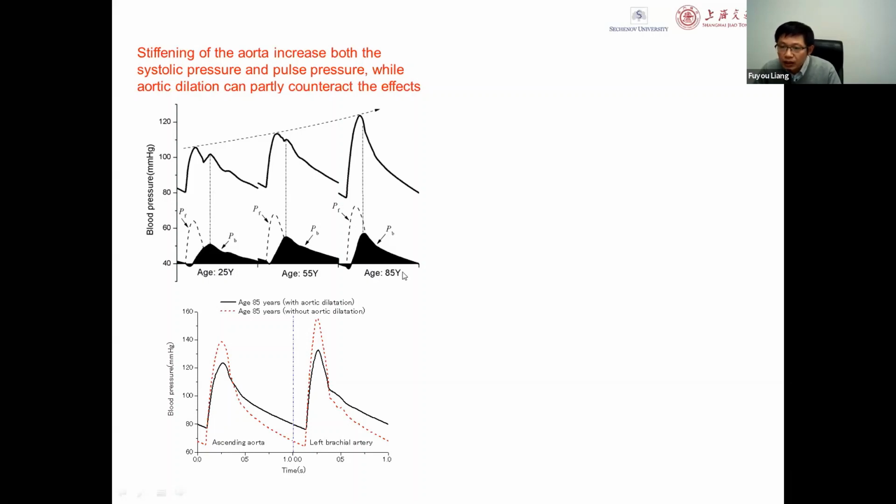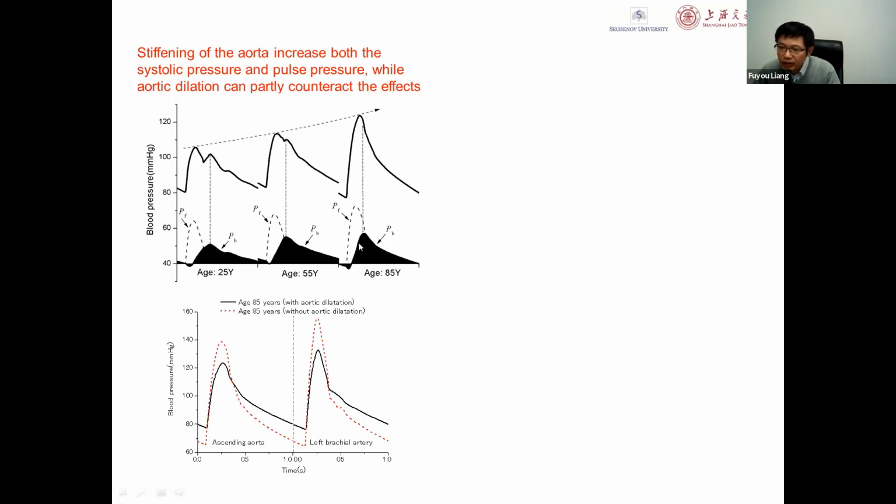At a high age, the peak of the reflected wave increases, and the timing of the reflected wave arriving at the aorta is advanced. You can see it appears earlier.